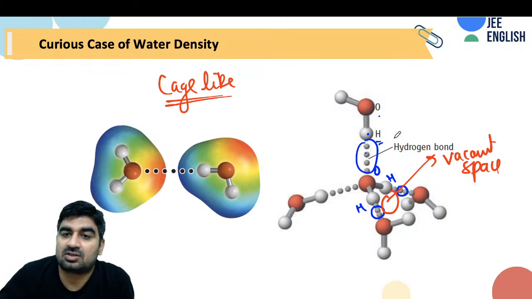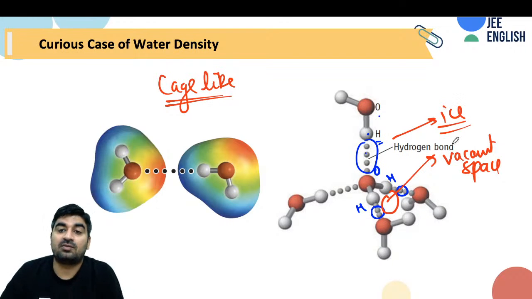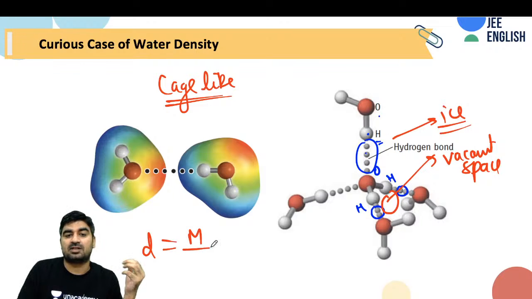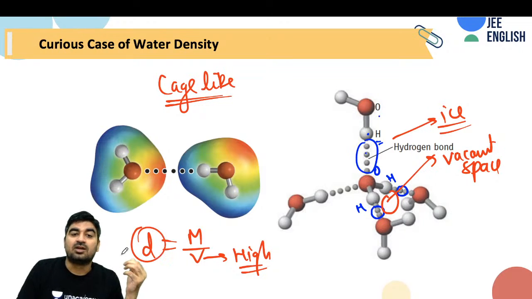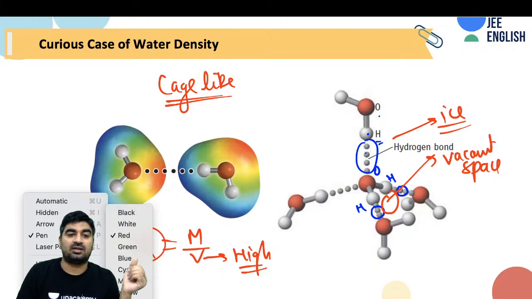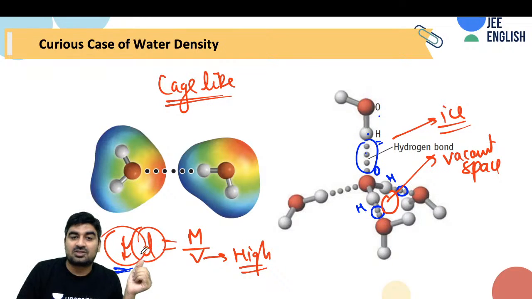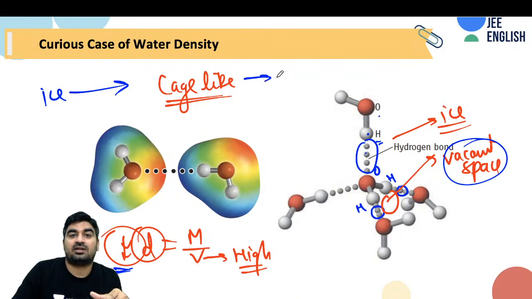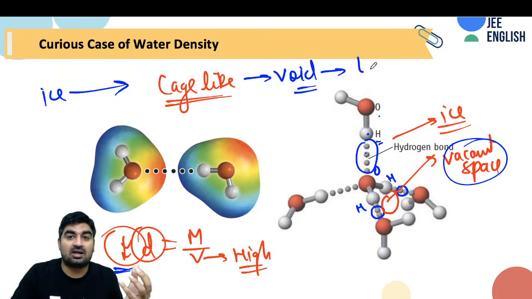So this is the structure of ice. If we have vacant space, the density is mass by volume, so the volume will be high. And if volume is high, the density will be low. So the ice has a cage-like structure, and that structure has voids, and due to those voids it occupies a large volume.